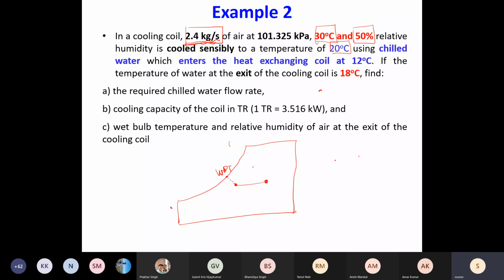And relative humidity, you can straight away read. In case it lies between two relative humidity lines, you approximately interpolate between the two RH lines. I think the RH lines are typically drawn at an interval of 10%, so if it lies in between, you can approximate that value.